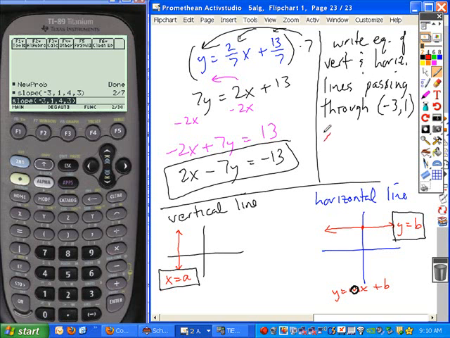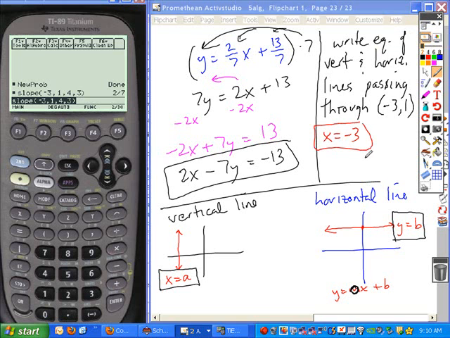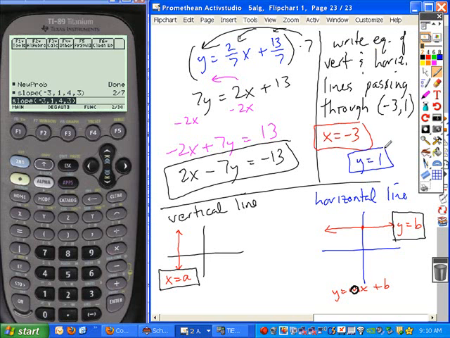Vertical line fits the form x equals, and what coordinate never changes? Negative 3. The x coordinate never changes. So there's your vertical line. The horizontal line is going to be y equals the y coordinate 1. Pretty basic, right? Okay. So that's the only other thing that's covered in this. So you have standard form, and then you have this horizontal and vertical lines.